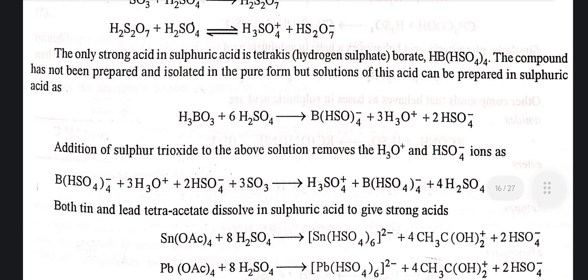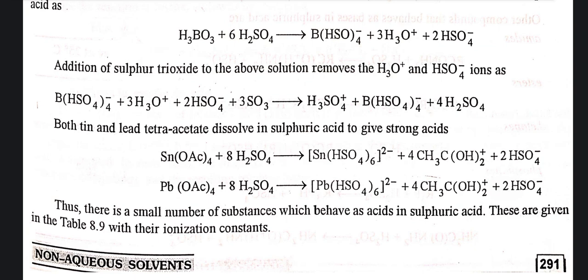Addition of sulfur trioxide to the above solution removes the hydronium ions. Both tin and lead tetraacetate dissolve in sulfuric acid to give strong acids. There is a small number of substances which behave as acids in sulfuric acid.